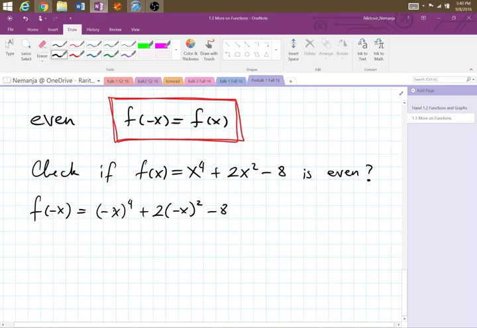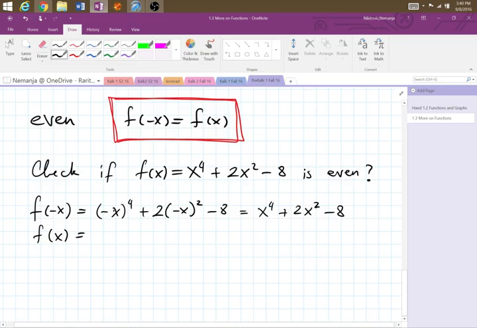Use the algebra skills. So negative times negative times negative times negative is positive. Very good. So x to the 4th, and then plus 2x squared, and then minus 8. So that's the left-hand side. The right-hand side, well, just don't touch it.